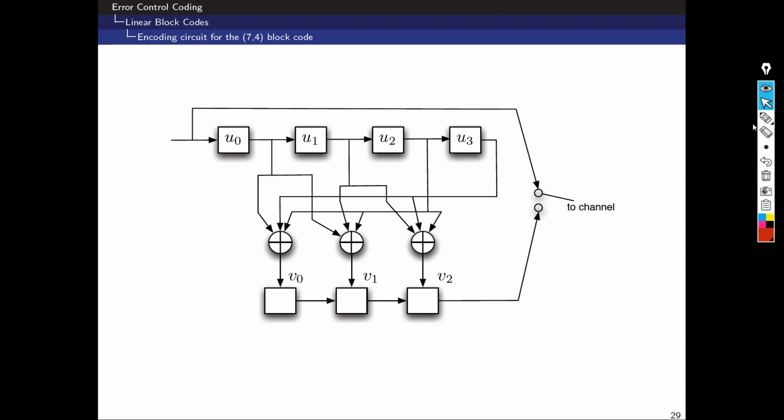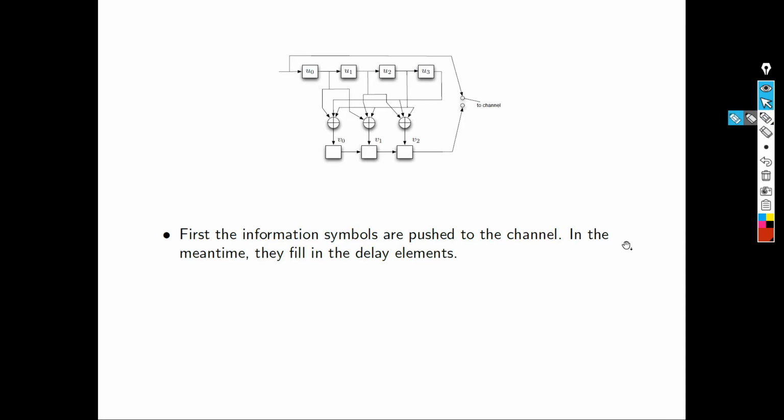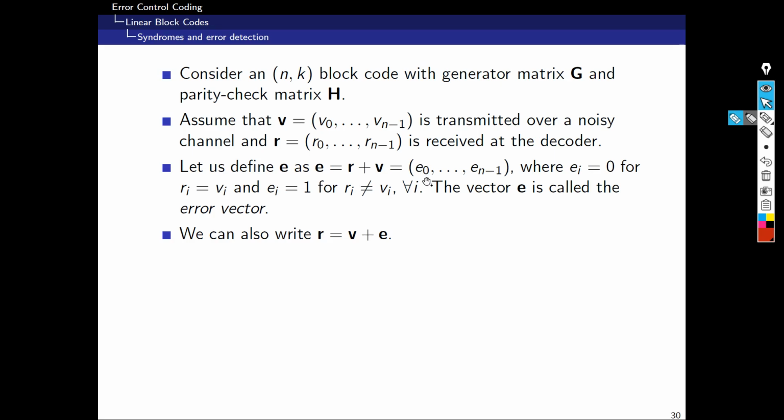Okay, can we move on? We can move on. The information symbols are pushed to the channel. In the meantime, they fill in the delay elements, which are the squares here in the circuit.